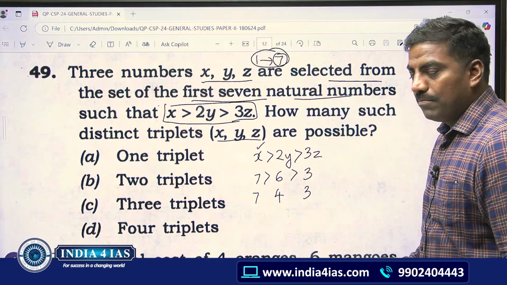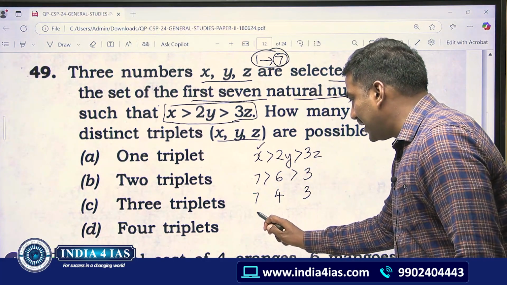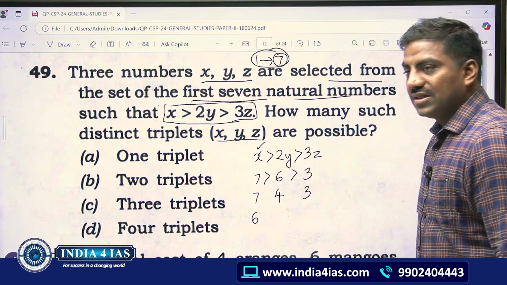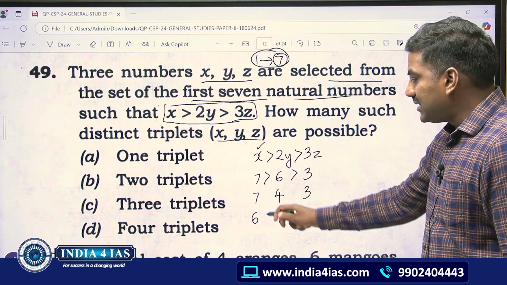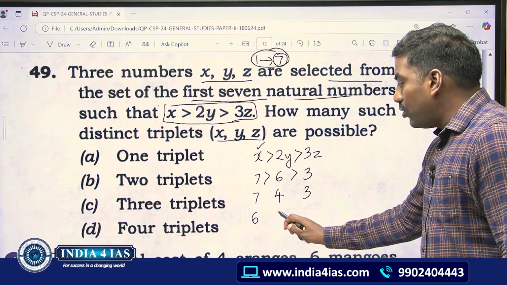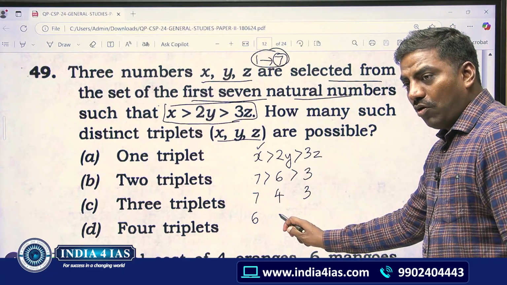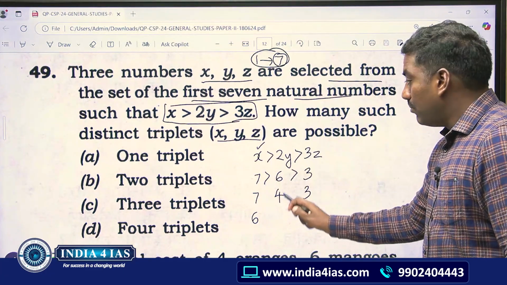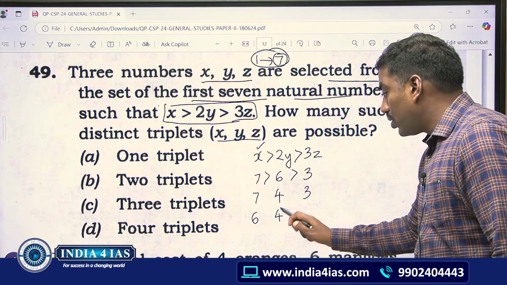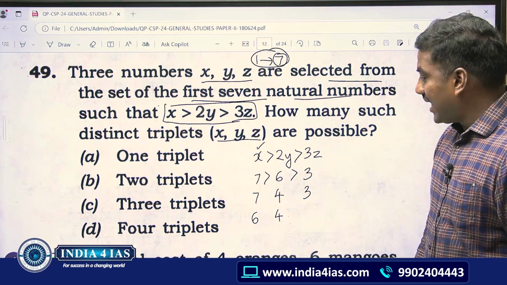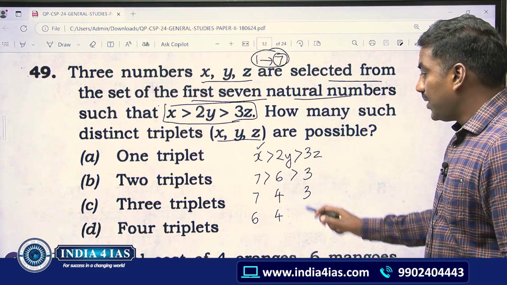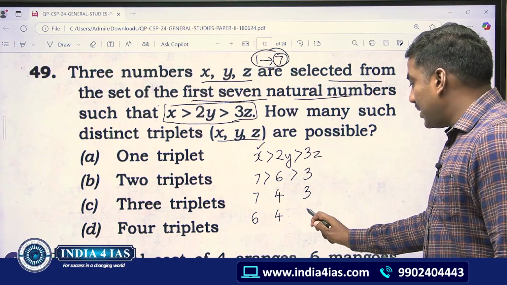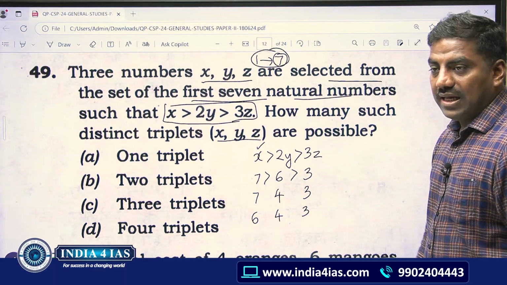Next thing, when I take x is equal to 6, the maximum value that can come for 2y is 5, but 2 somethings are 5 I will not get, but 2 2s are 4, I can get. Now, if this is 4, the maximum value that it can take is 3.